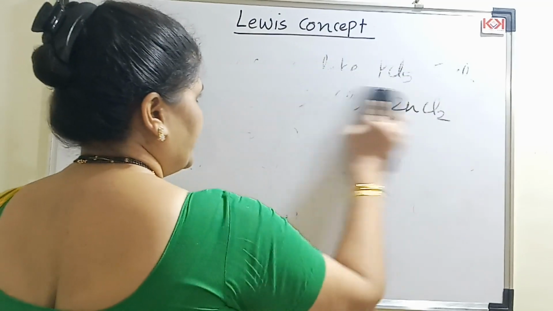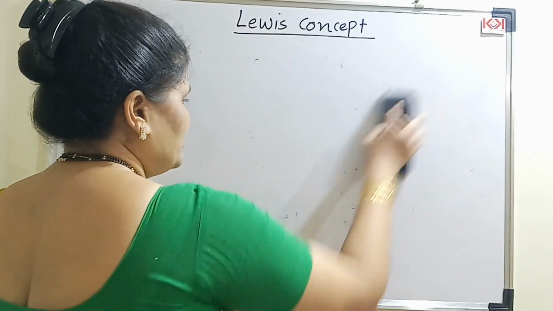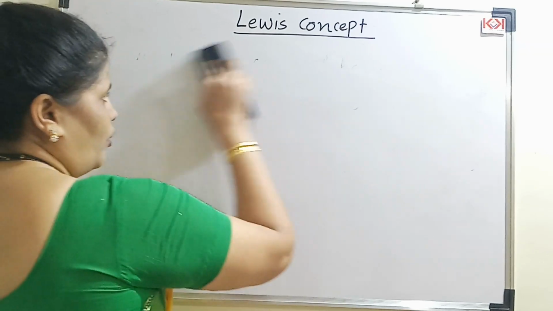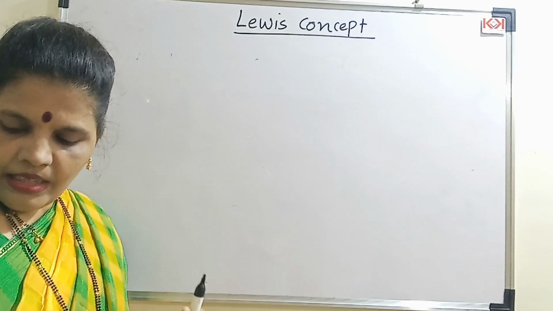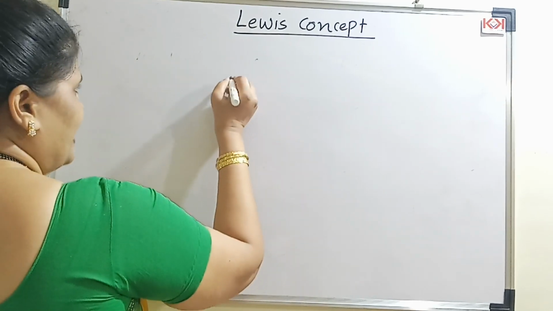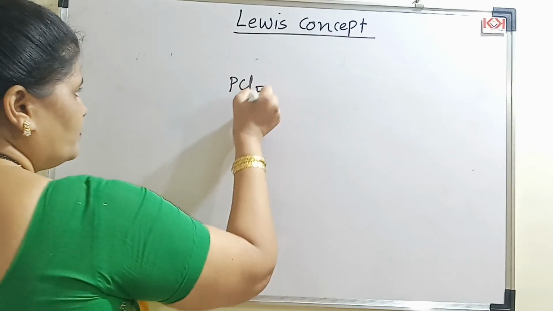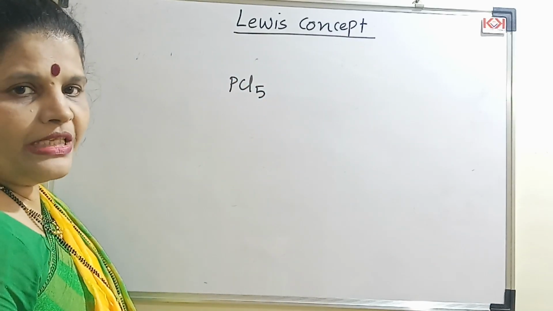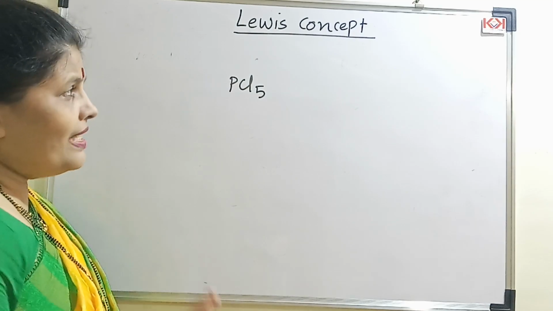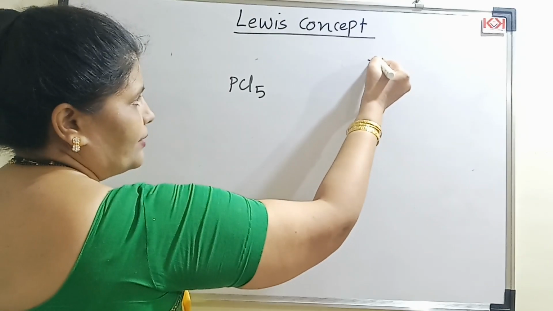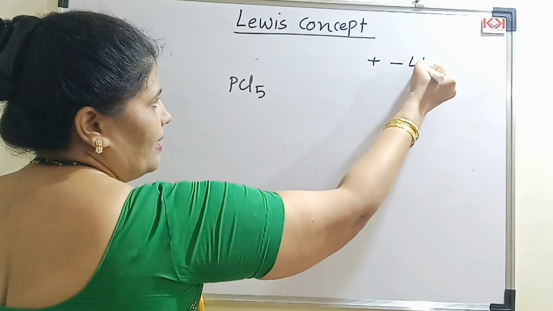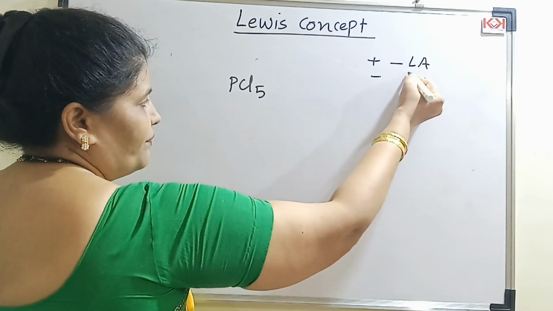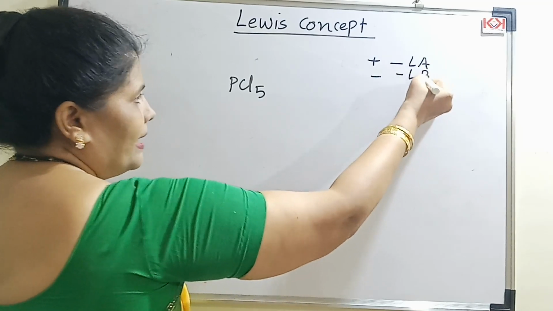But there is a shortcut to know whether the given species is a Lewis acid or a Lewis base. For that, let us take the example of PCl5. Now you don't know whether it is a Lewis acid or a Lewis base. Always remember, if a positive charge is created, then it will be a Lewis acid, and if a negative charge is created, then it will be a Lewis base.